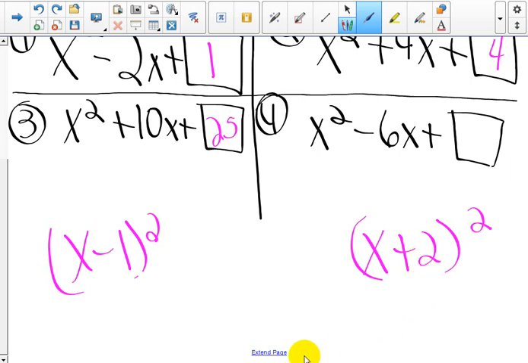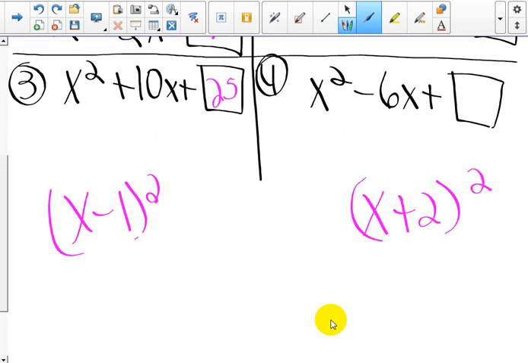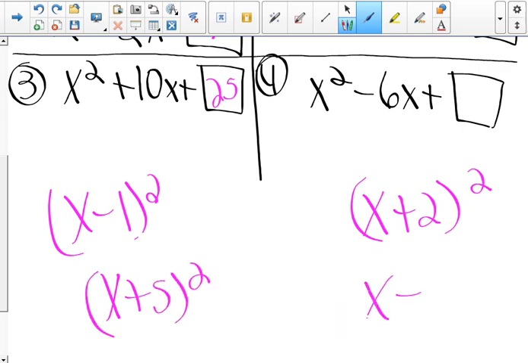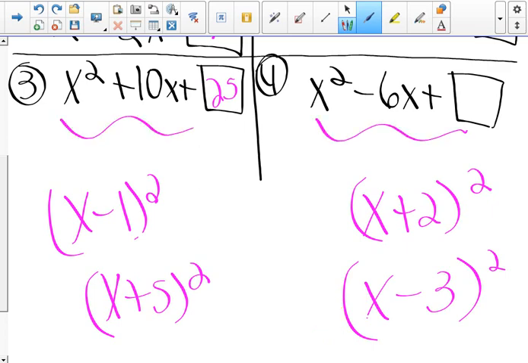Number 3 would be written as x plus 5 squared, and number 4 would be x minus 3 squared. Okay, and then when you FOIL those back out, you're going to end up with these perfect square trinomials.